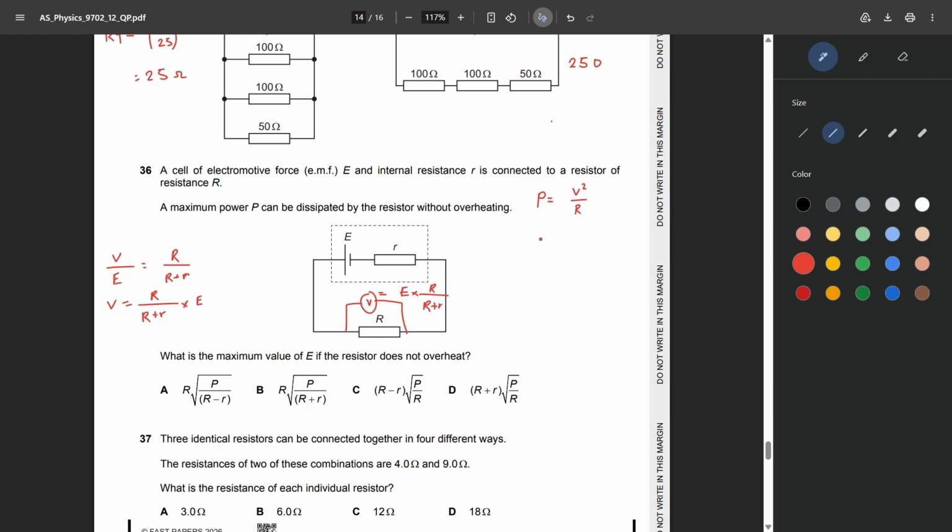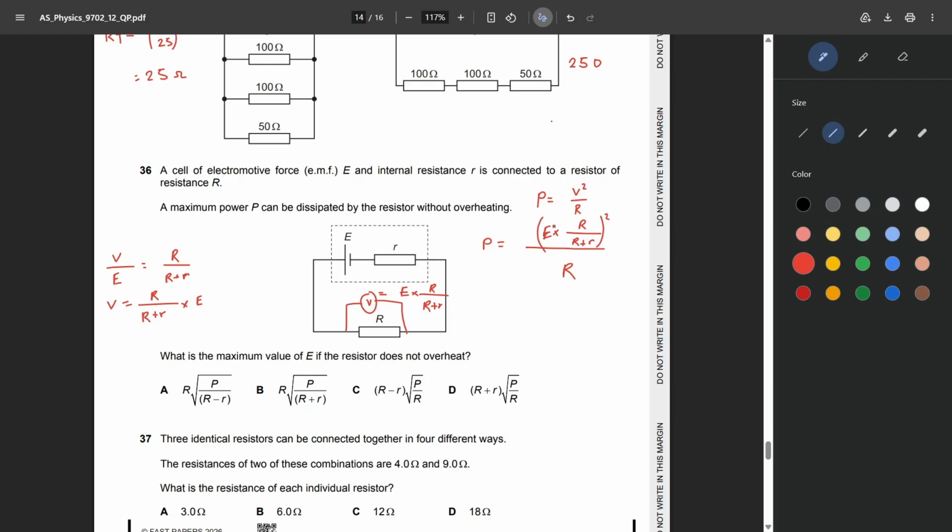Okay, so the power dissipated by this resistor will be V squared by R, that is E times R over R plus r, whole square.